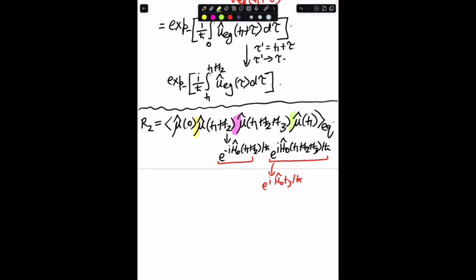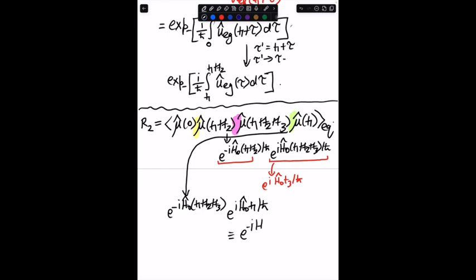And then you have this gap here where you have a time propagator over t1 plus t2 plus t3, and you have a time reversal operator over t1. So you effectively get a time propagator over t2 plus t3. Sorry for the mistake.